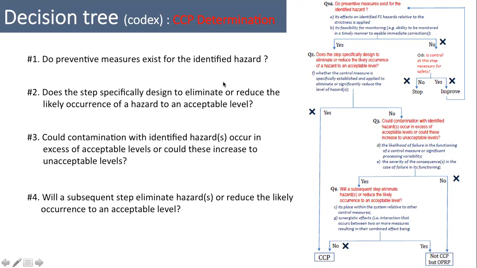So there are 4 critical questions. As a summary, a critical control point means we can't control it again, right? As I explained earlier, the temperature is critical. In some processes, temperature is critical.